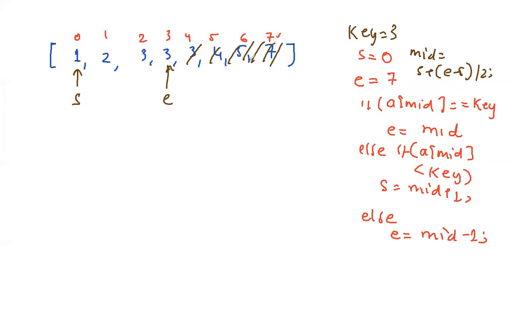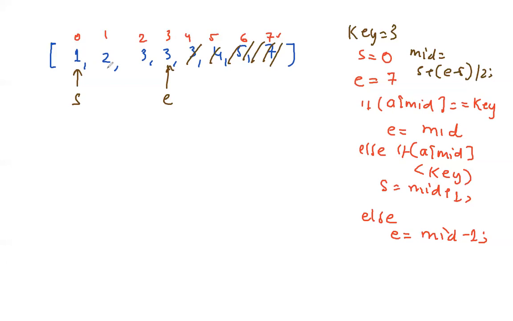Now I come again: is S less than or equal to end? Yes, so we come into the while loop and do the mid again. Your end is 3, S is 0, so 0 plus 3 divided by 2 is 1.